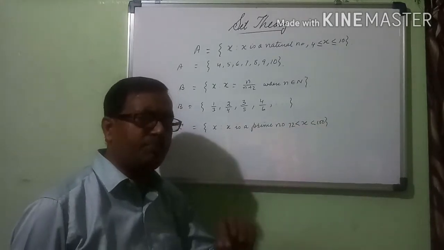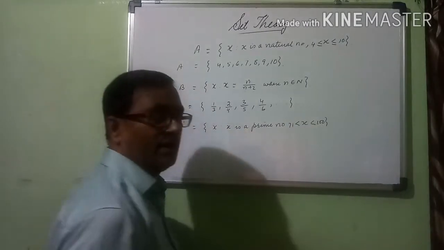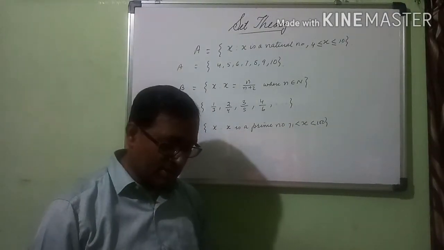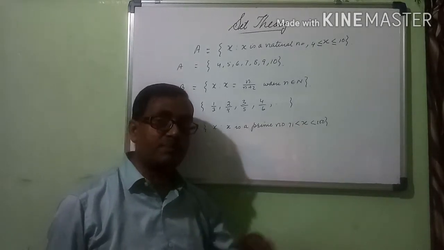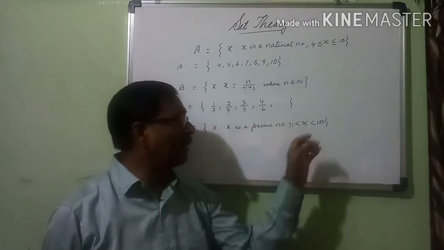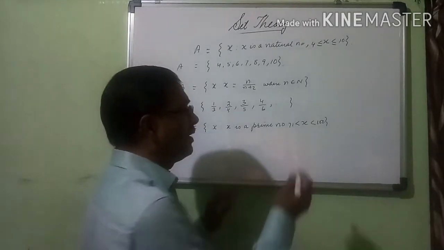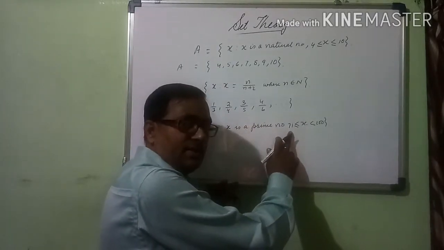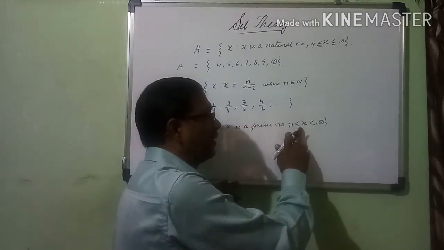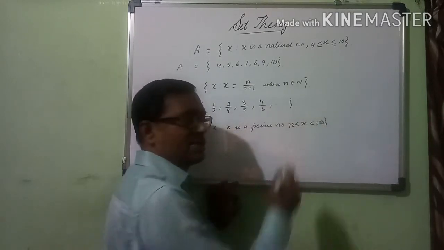If it could have been, I could have given you 71. So you are asked to find prime numbers more than 71. 71 is a prime number, but we cannot take it. Why? Because it is given x is greater than. If it had been given as equal to, then it could have been collected. So here it is more than 72 but less than 100.